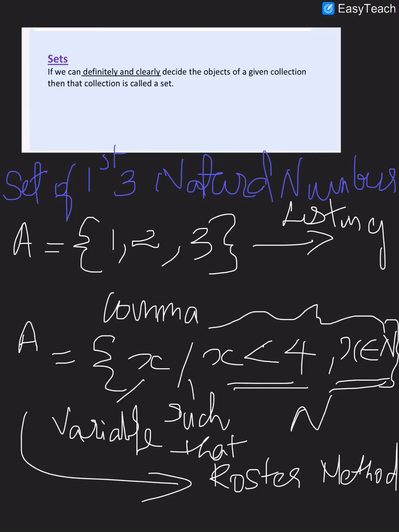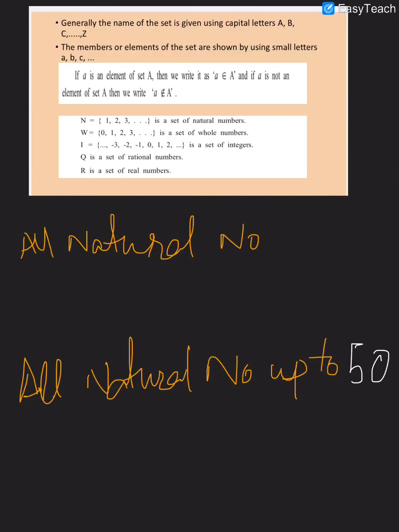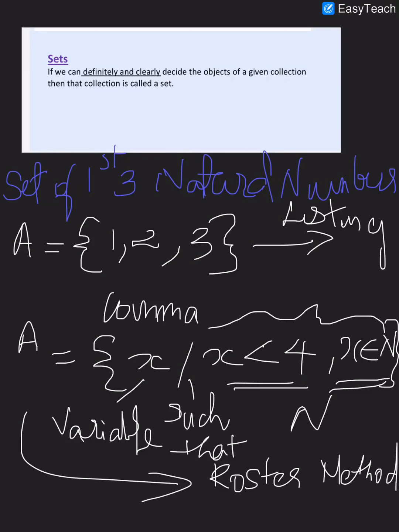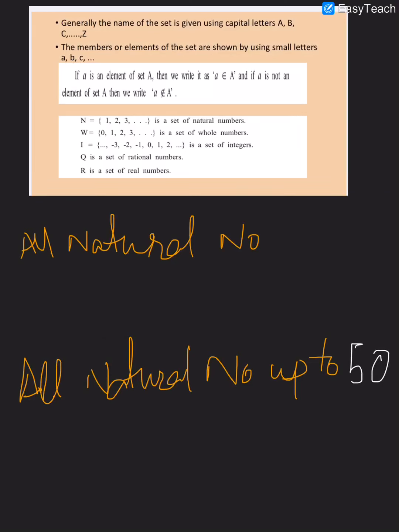Okay, now let's go to the next point. Generally, the name of the set is given using capital letters A, B, C. You can see in this I use capital letters to write the name of the set, and elements in the set are written using small letters a, b, c.